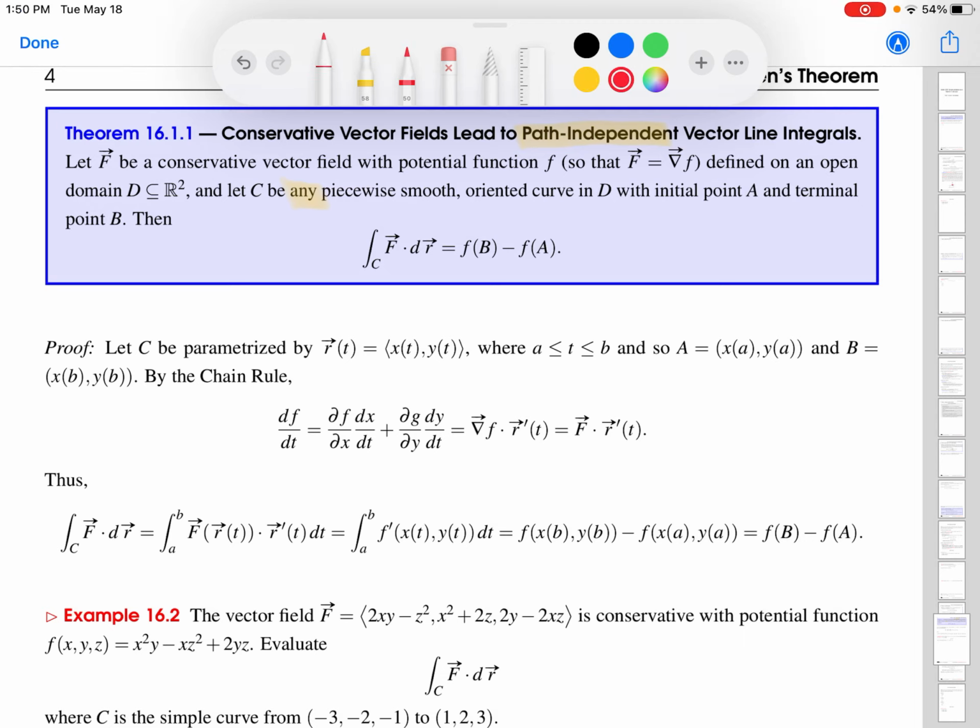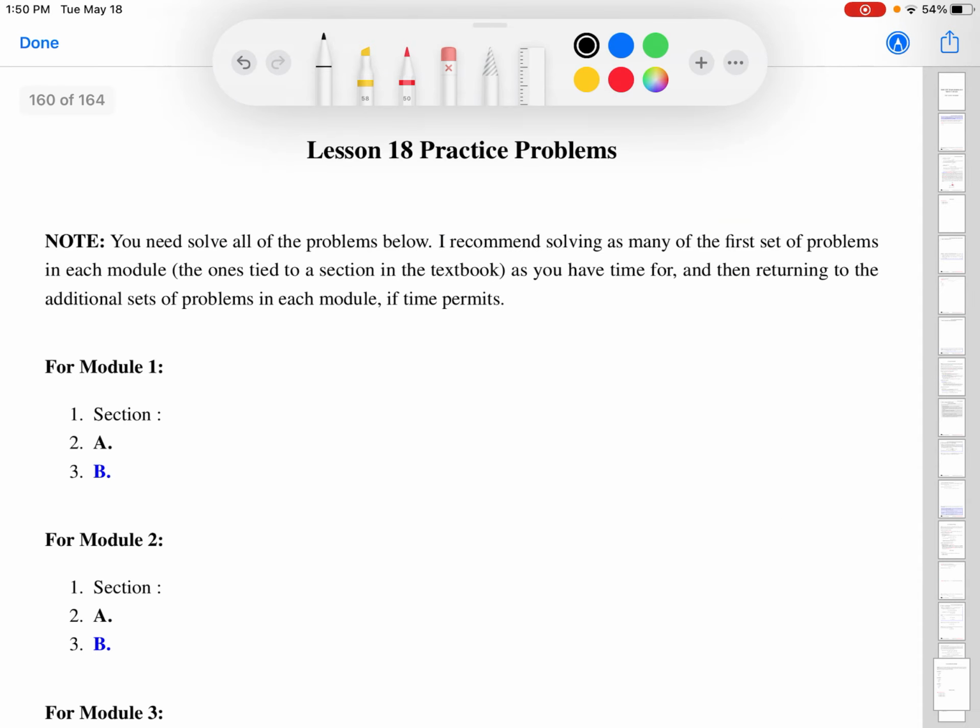So what this theorem is saying is that if you pick an initial point and a terminal point, and the vector field F and the curve C satisfy all these requirements, then any curve that you draw between A and B, it doesn't matter how crazy, it doesn't matter how wiggly, any curve you draw, here I would calculate along this curve a certain vector line integral.